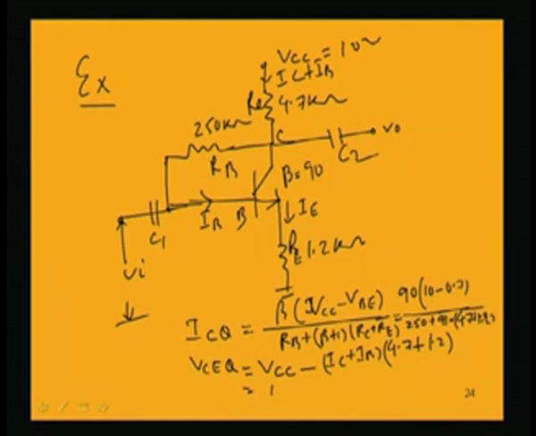With these values we finally get IC equal to 1.06 milliampere and VCEQ equal to 3.68.